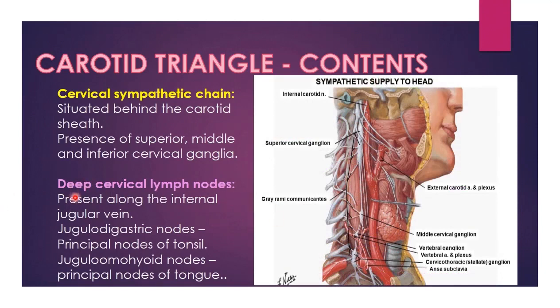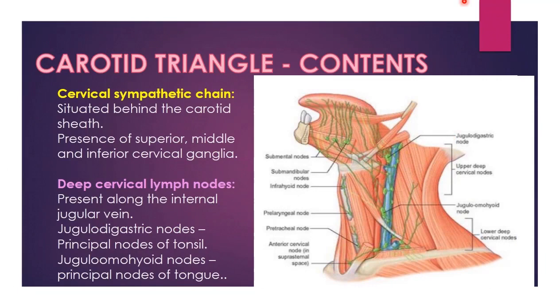Next, finally, a little bit about the deep cervical lymph nodes. So mainly you are able to see the upper deep cervical nodes and the lower deep cervical nodes. The upper deep cervical nodes are called the jugulo-digastric nodes. They are present in the triangular interval between your internal jugular vein and the common facial vein.